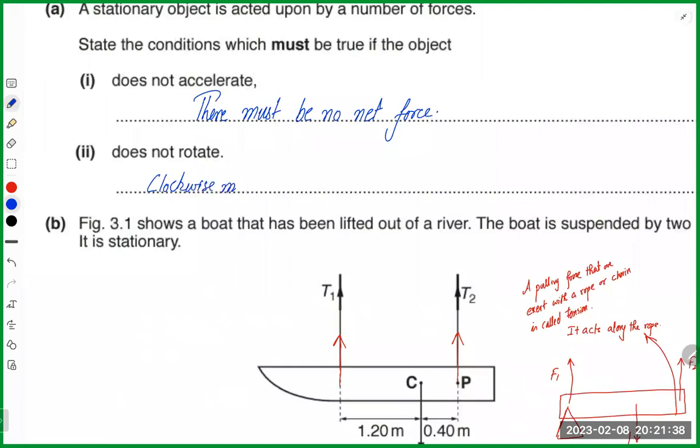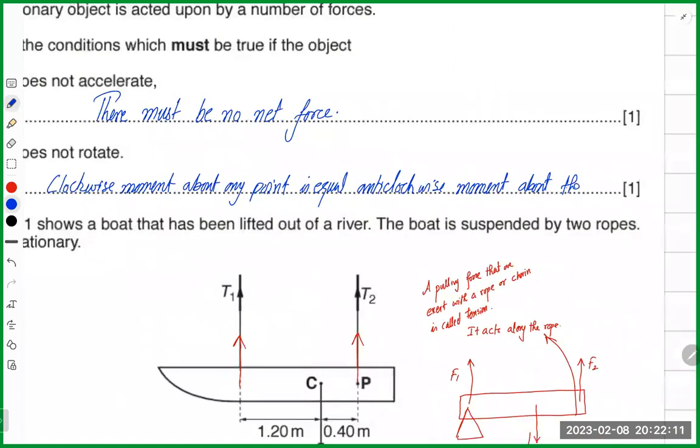Clockwise moment about any point is equal to anticlockwise moment about the point. This is a very long way of saying something very simple.